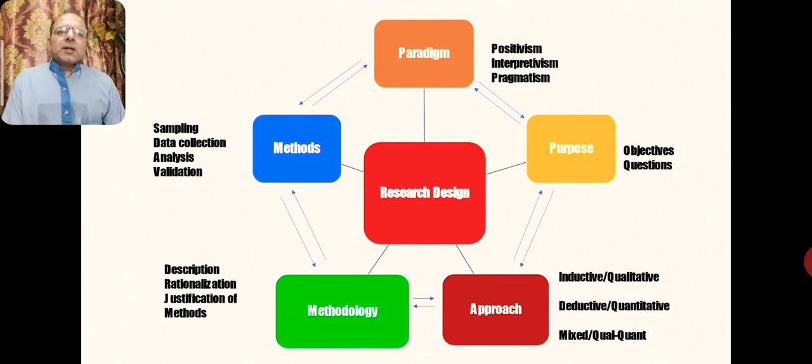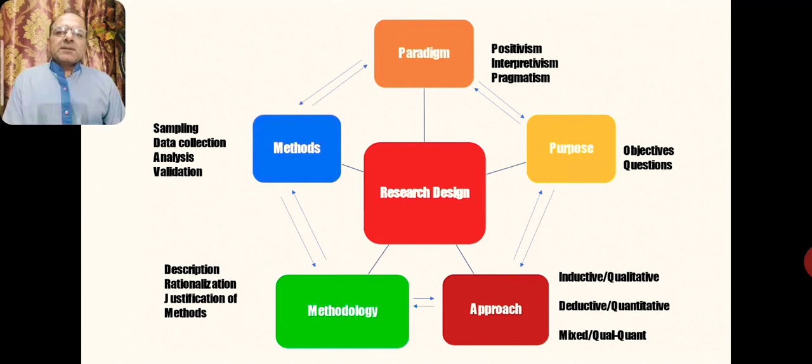The first one is not in a kind of order where we think that paradigm comes first, then the purpose, and then the approach. That is not the case. All of these different considerations are interdependent, and the process is reiterative. So the first one in the list, at the top, is paradigm.